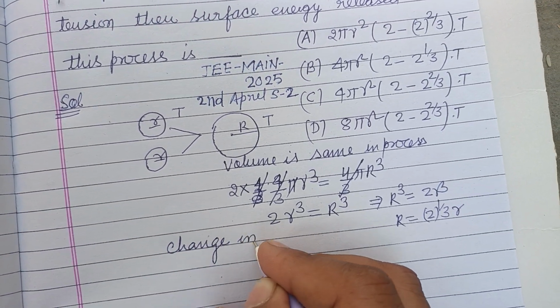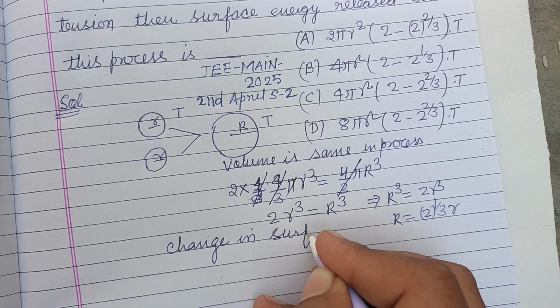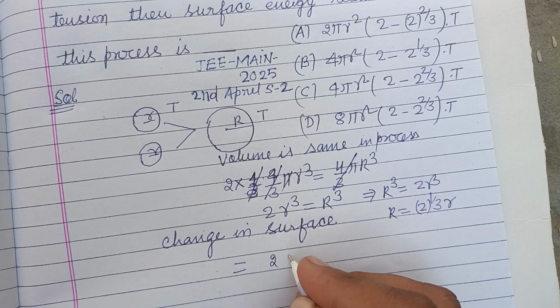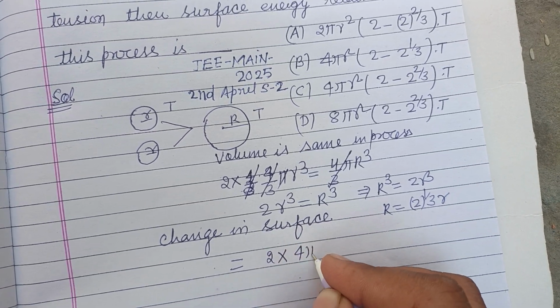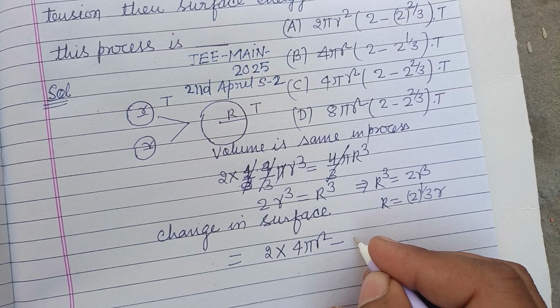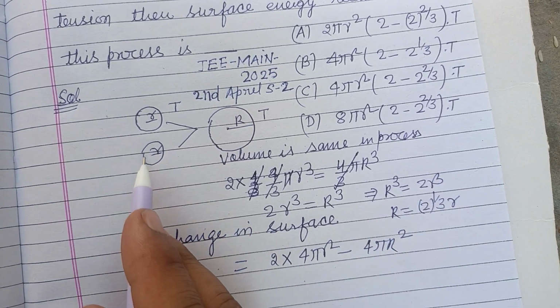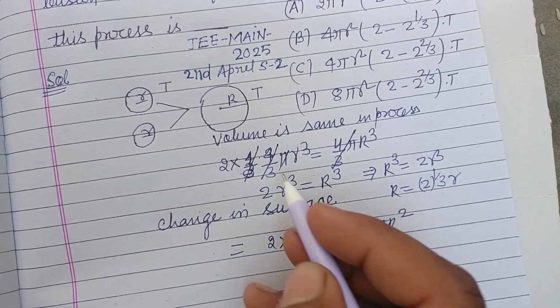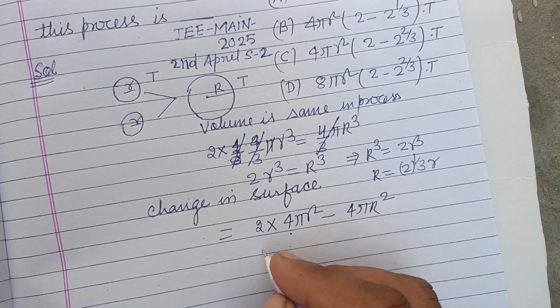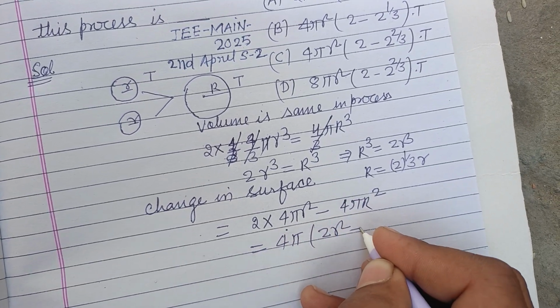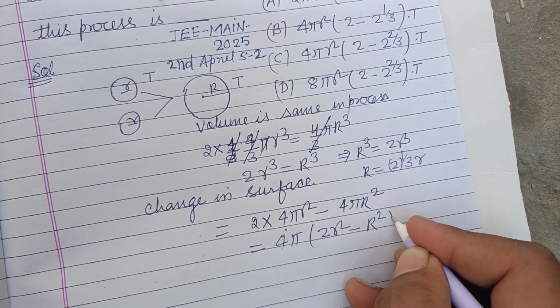change in surface area. So the surface area initially is 2 into 4 pi r square, minus 4 pi capital R square. Surface area of two drops minus surface area of the single drop, which is bigger. So taking 4 pi common, 2 r square minus R square.